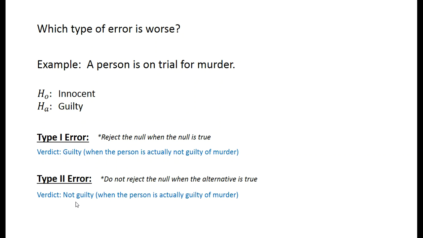They're both really bad, but type 1 error is a little bit worse, because if somebody is accused of a crime and sent to jail when they're actually innocent, that means the actual guilty party is still out. So you're sending an innocent man to jail, and on top of that, the guilty person is going free.